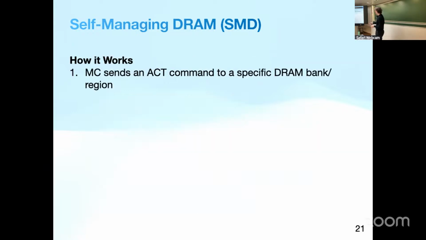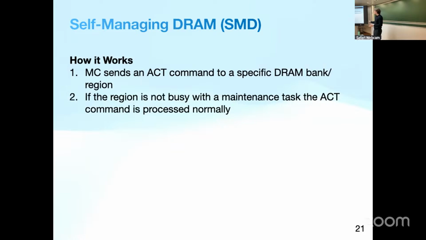Now, how it works is that the memory controller simply sends an activation command to a specific DRAM bank, or, well, in this new implementation, a region. And if this region is not busy with anything and just works as normal, then everything proceeds as normal as well.